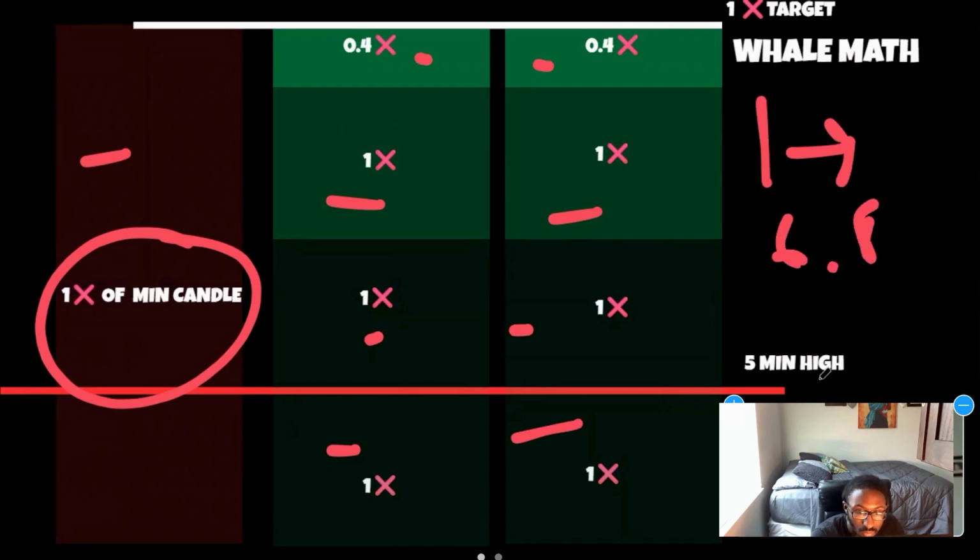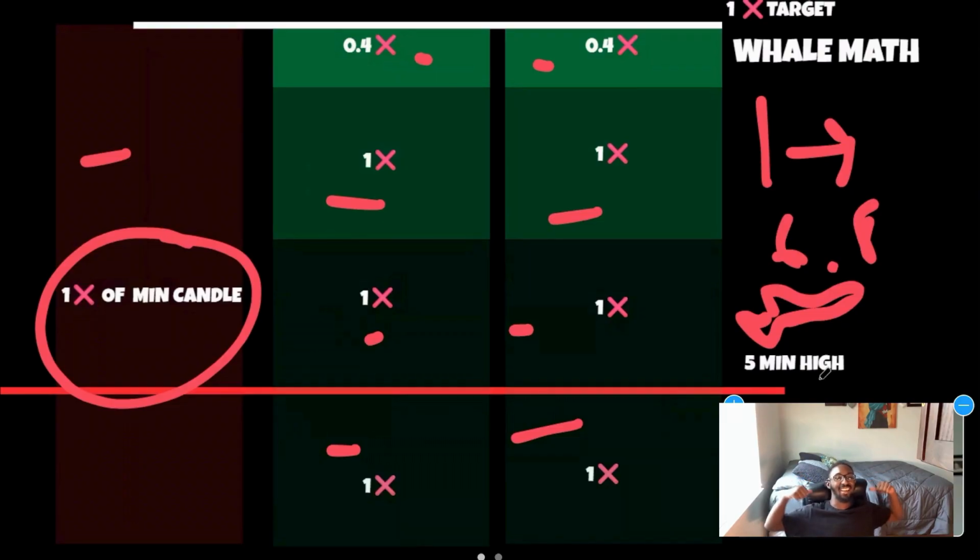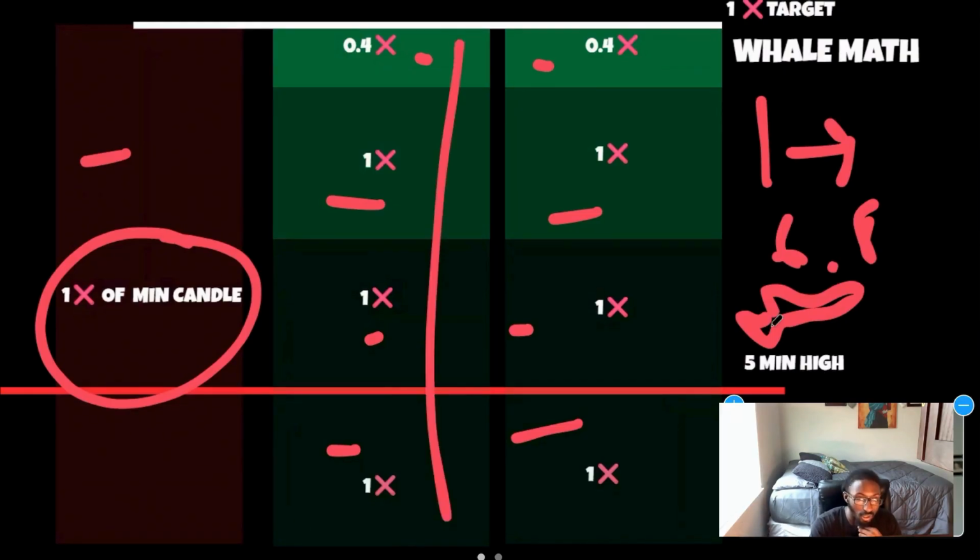We're risking 1 bullet to hit 6.8 sharks. I like my shark right there. Yeah. That's crazy. That's one trade. Risking 1 bullet to hit 6.8 sharks.